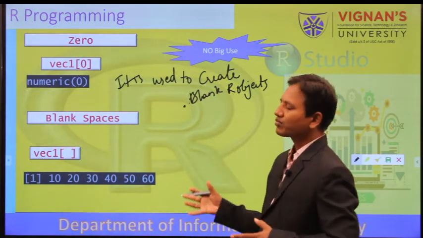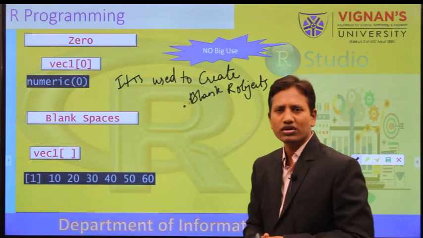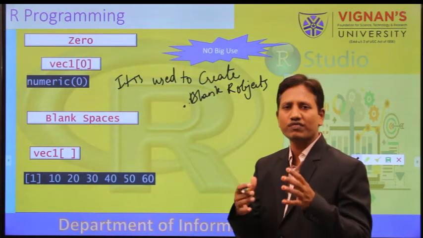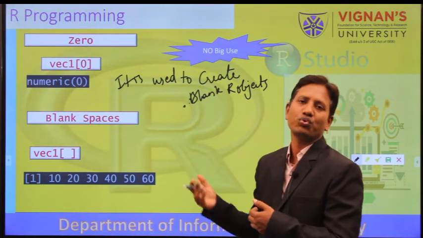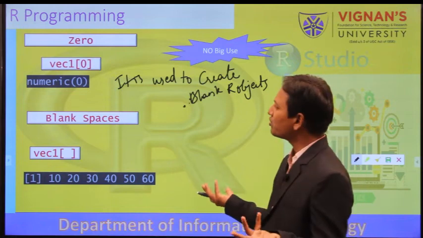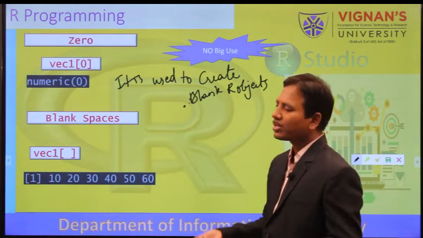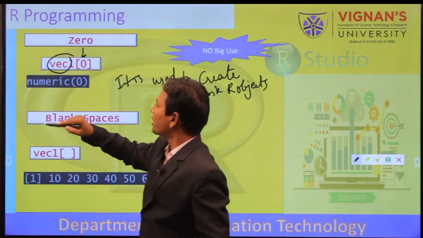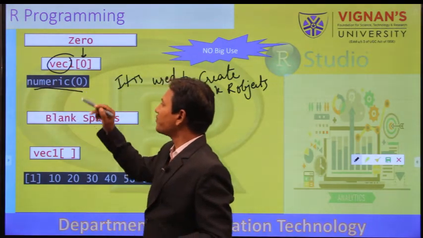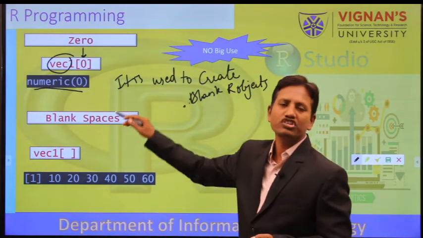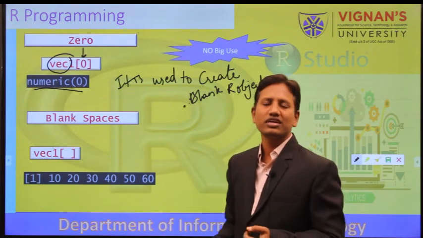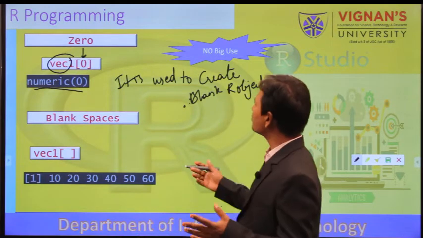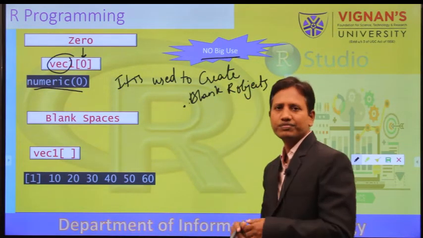If you put the 0, it says that nothing, because in R the indexing starts from 1. So because of that there is no meaning of 0. So that's why it's going to give us an empty vector. Here if you observe, we have given the index value 0, and the output we got is its data type. R is showing that vector 1 is a numeric type.